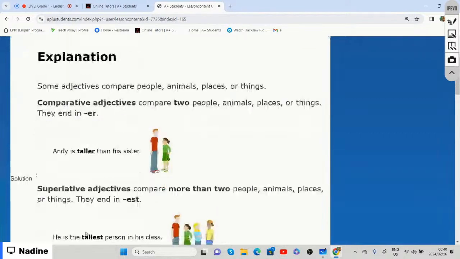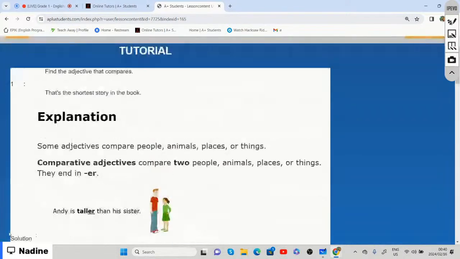And yet it says we need to find the adjective that compares. And it says, that's the shortest story in the book. What is the adjective that compares within that sentence?